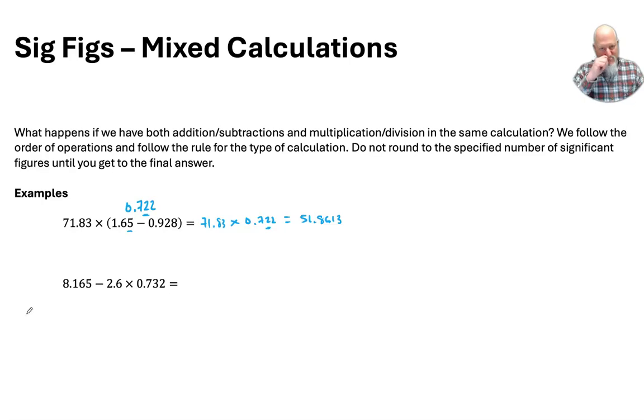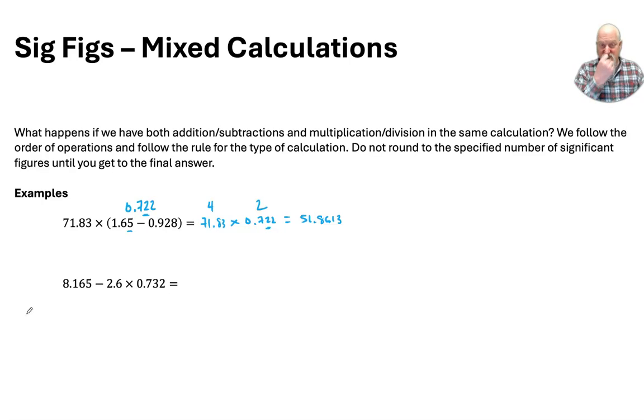All right, so for multiplication and division, our answer should have the least number of significant figures that our initial calculation had. So 71.83 has 4 significant figures. For 0.722, we marked where our significant figure should end, so our significant figures in that number should just be 7 and 2.